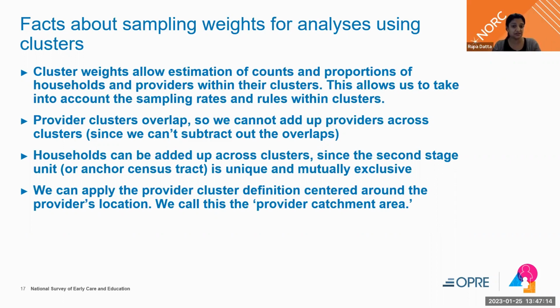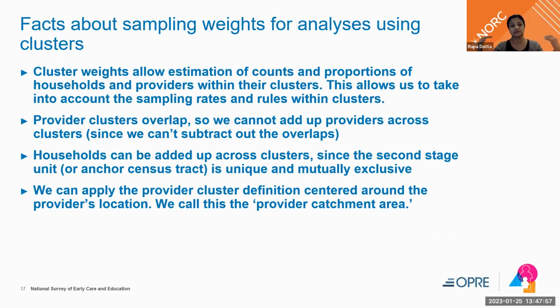So the provider clusters may be good proxies for communities for many analyses, and we can use their data, but we need to attach that data to one of the NSECE sample populations: households, centers, listed home-based, workforce, etc. We want to attach to an existing sample that can generate nationally representative estimates and use those sampling weights for that population to describe the national situation.